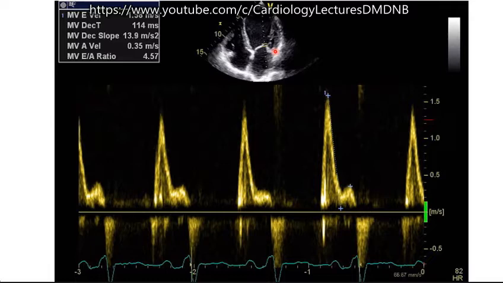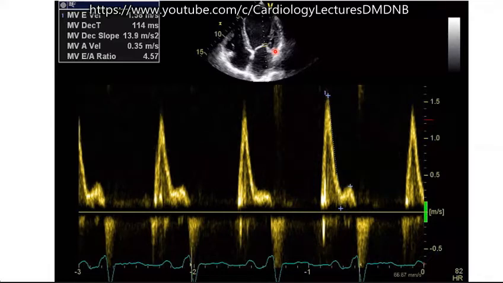Why does the deceleration time become less in restrictive pattern? Why does the deceleration time shorten? What is the reason? In case of restrictive patterns, the early diastole is very fast.